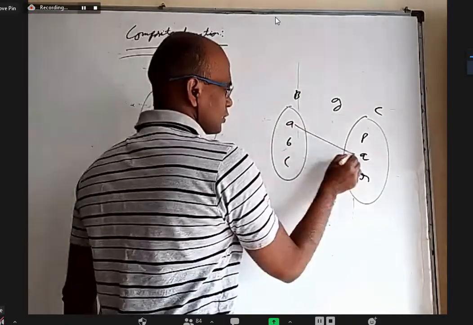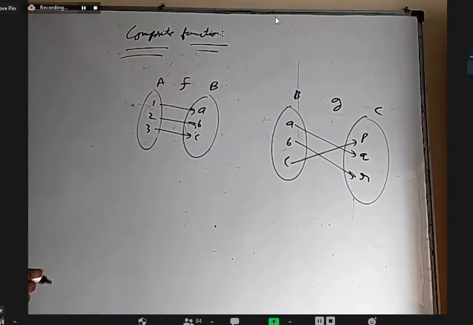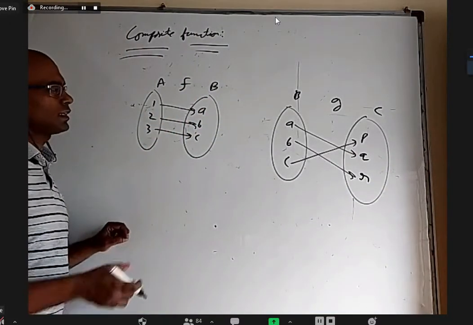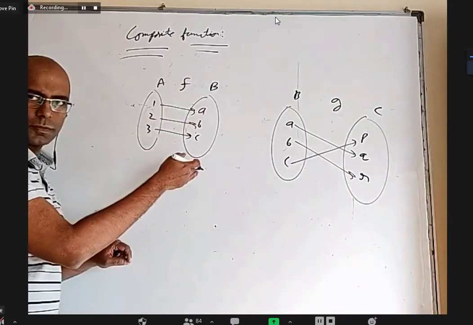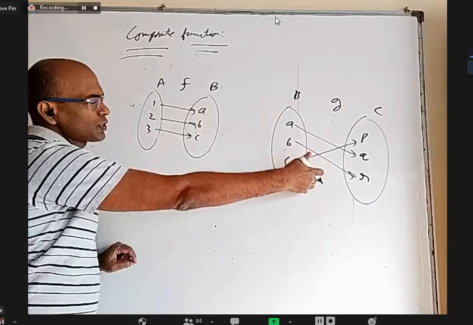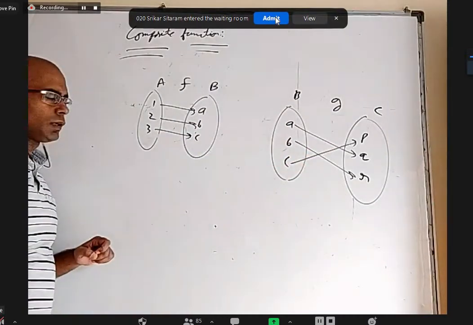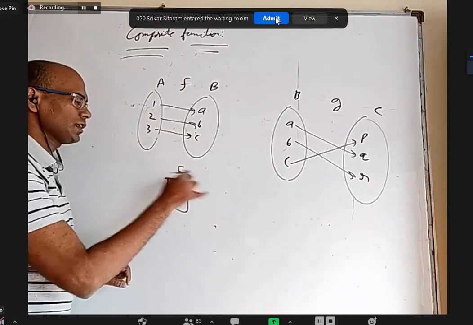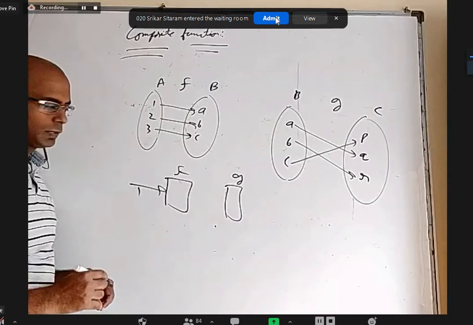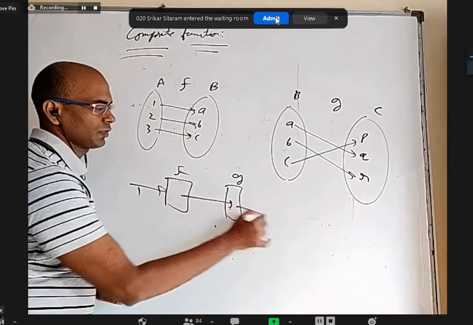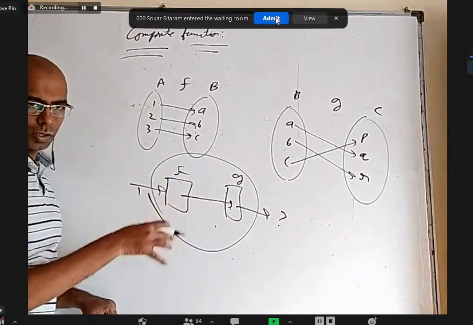Here A is connected to Q, B is connected to R, C is connected to P. So in the first machine, the inputs are 1, 2, 3 and the outputs are A, B, C. For the second machine, A, B, C is the input and the output is P, Q. If I put the f machine here and the g machine here, give some input, and give this output as input, finally we'll get some other output. So these two together we call a composite function.